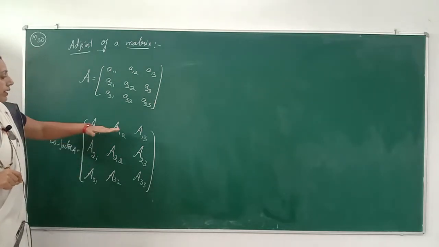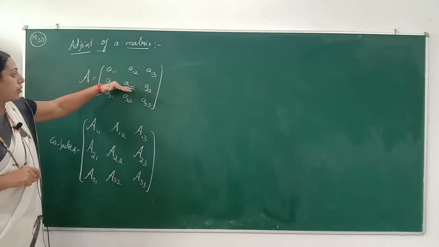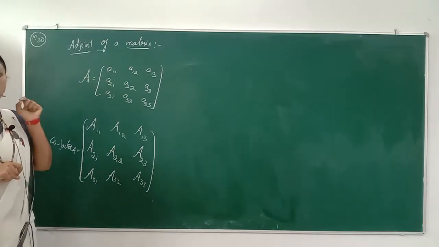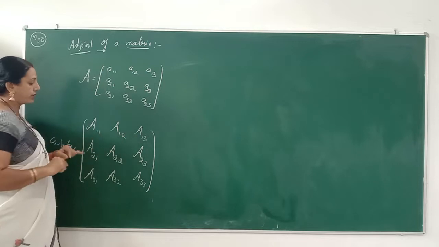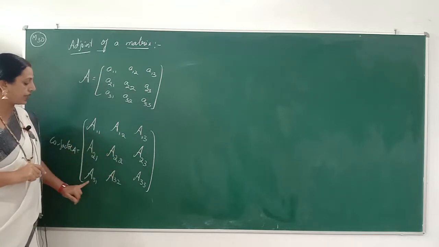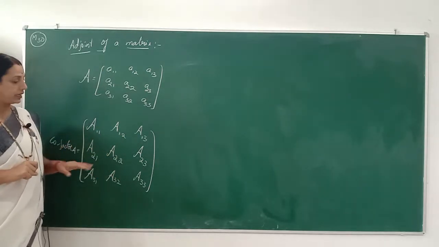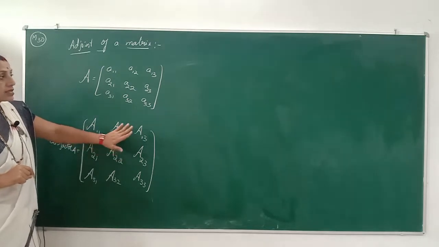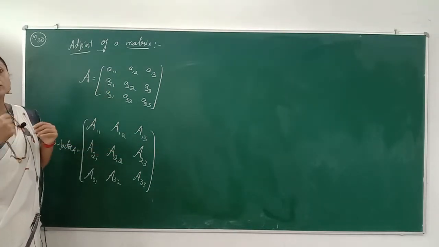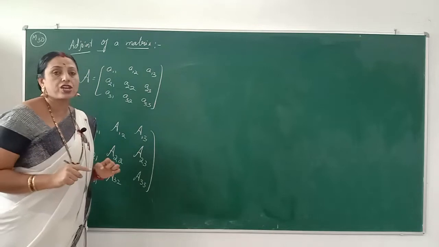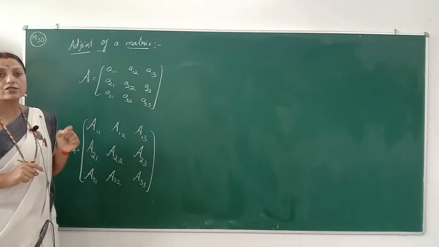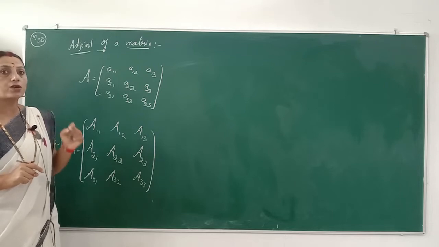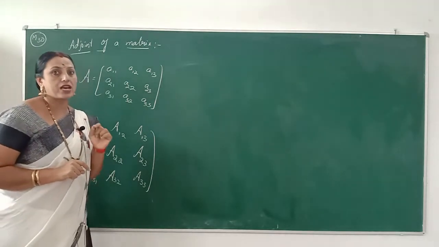So the cofactors of the corresponding elements of the matrix A are denoted in the form A11, A12, A13, A21, A22, A23, A31, A32, A33. These can be taken in the form of a transpose. What is the meaning of transpose? If the elements of rows and columns are interchanged, it is called the transpose of a matrix.